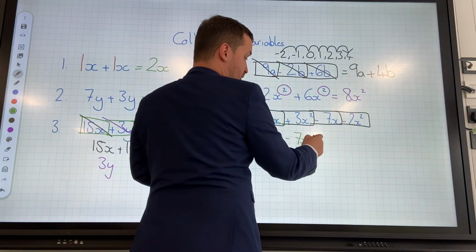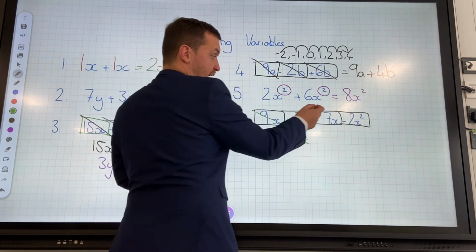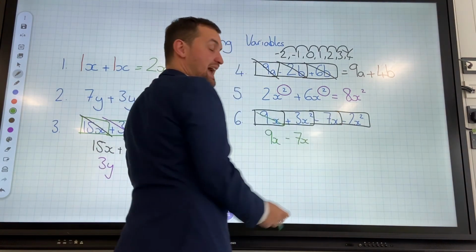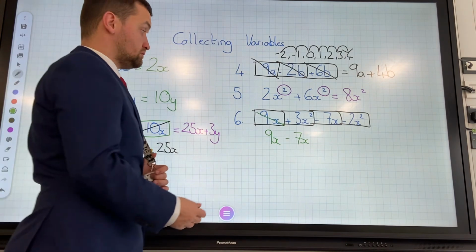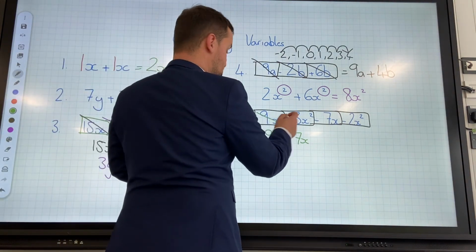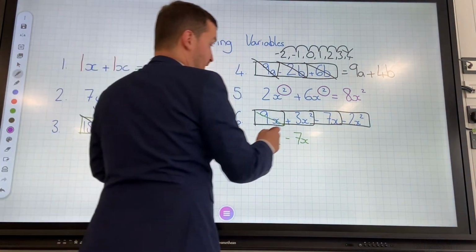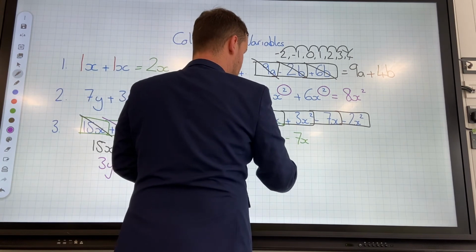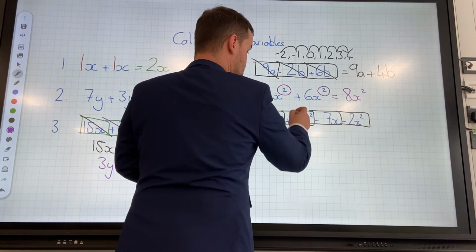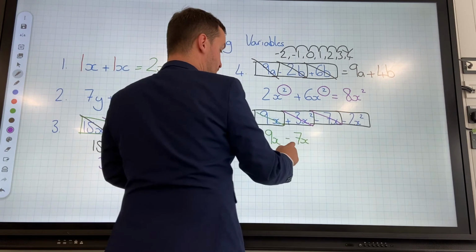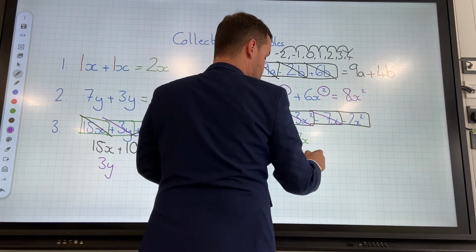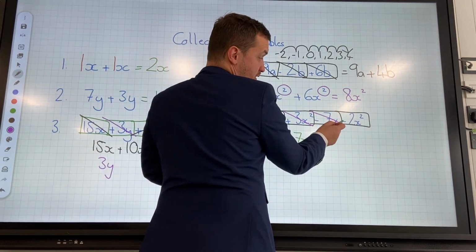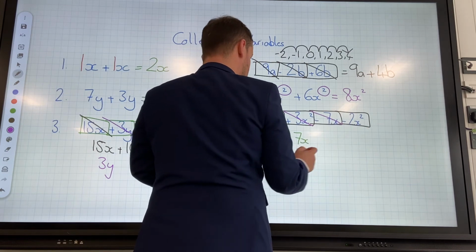Why is it the only other x we can have? Because that's an x and that's an x. These two are x squareds. Okay, so we've got 9x minus 7x, and we've got 3x squared. Okay, cross that off and cross that off because we've used it anyway. Minus 2x squared. The minus comes from just in there, it's got a minus sign there.